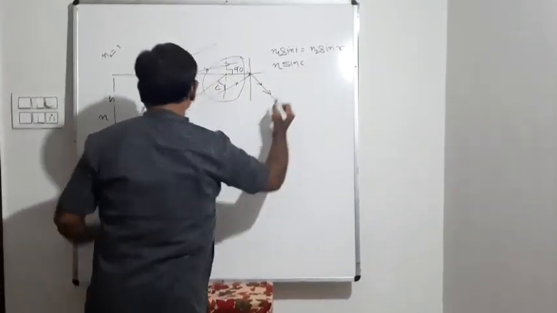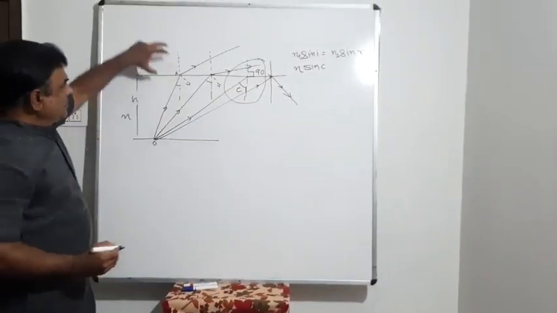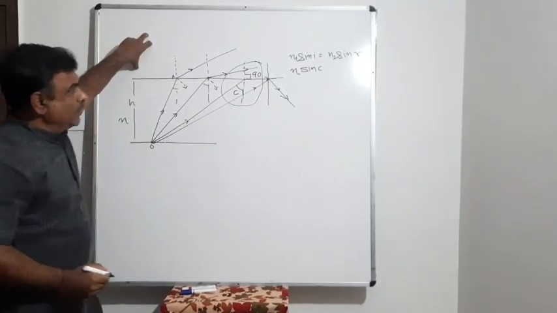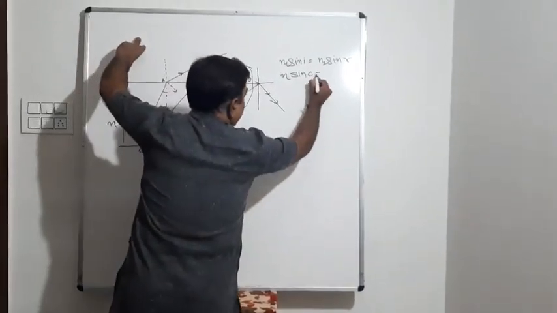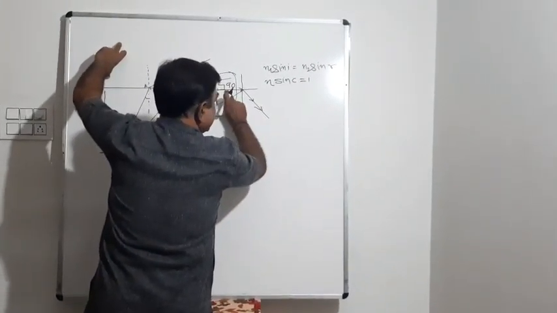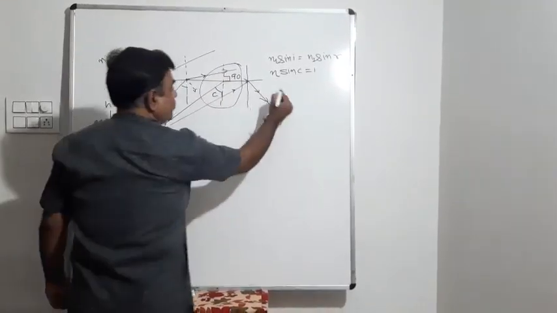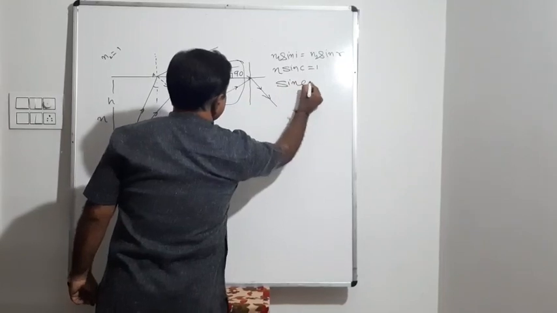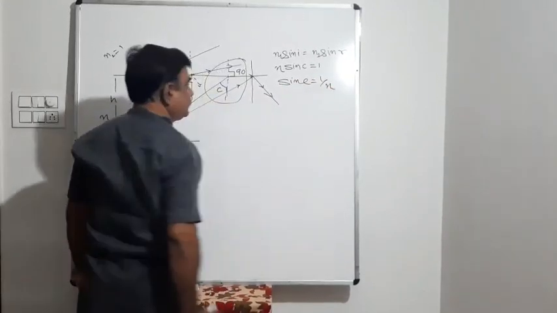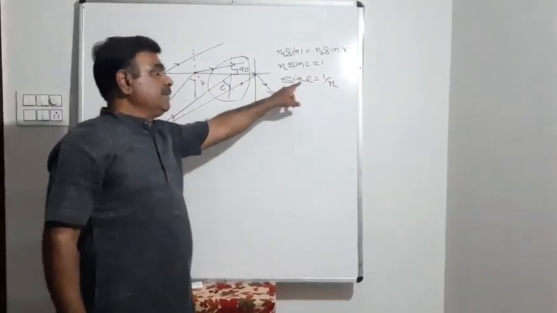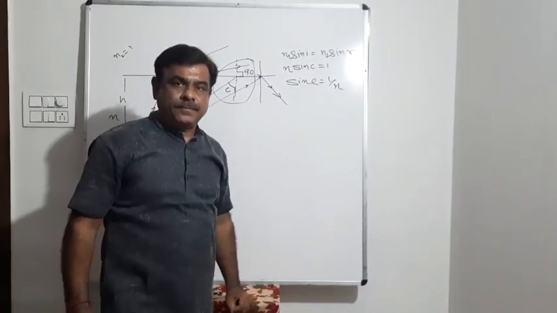Critical angle C. As I said, for simplicity, n2 I have taken 1, and what is the angle of refraction? 90. Sin 90 is 1, so here it will be 1. Or can you say that sin C is equal to 1 by n? Here C represents the critical angle.